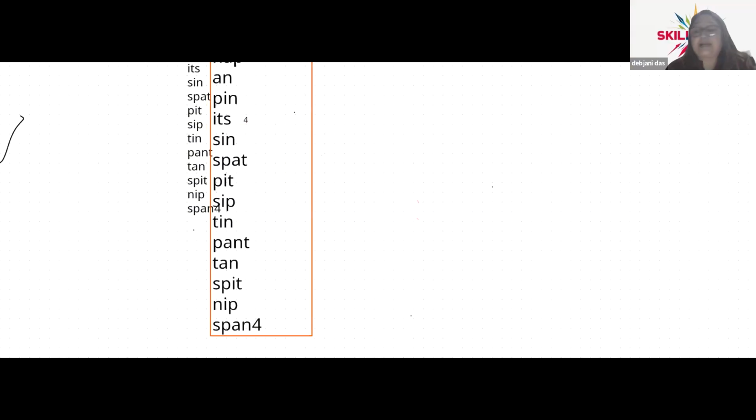You have done it on Saturday, but there are some new words also given today, so you can redo the new words.